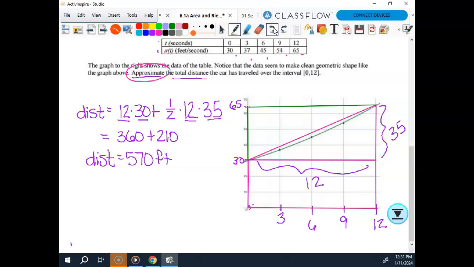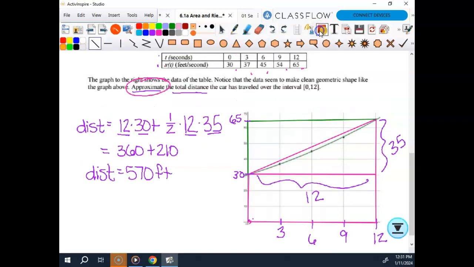Smaller rectangles? Or smaller trapezoids, basically. But yeah, what if I did, let me make it a different color. Instead of connecting this to this, what if I made this little triangle here, and then this one here, and then connected these two, and then connected those two, like that? Would that be much closer? It would be much closer if I made smaller little intervals, right?